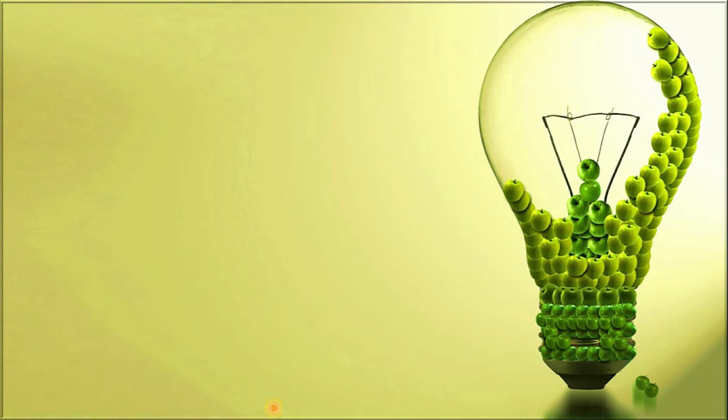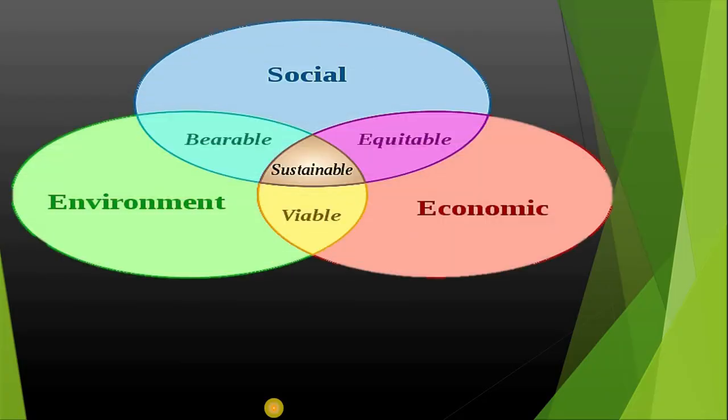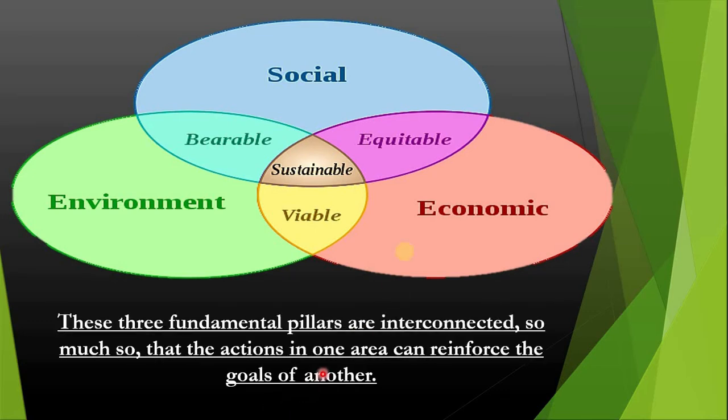According to the EEA, the implementation of sustainable development will require progress in three areas, well known as the three pillars of sustainable development. Look at this pillar: this is social, environment, and economic. Accordingly, in striving for a balance between all three pillars, we are in a sense trying to achieve sustainability, enduring to be bearable, viable, and equitable.